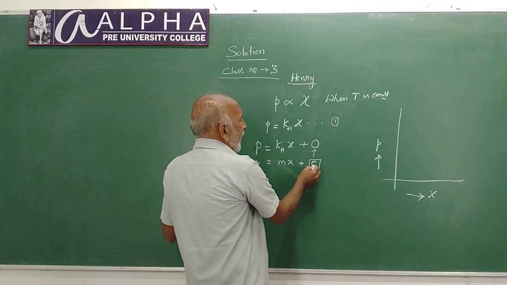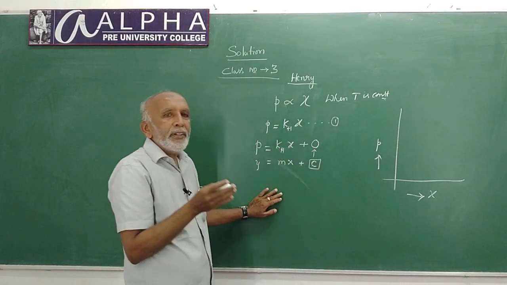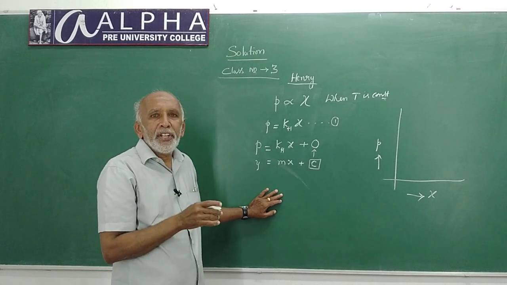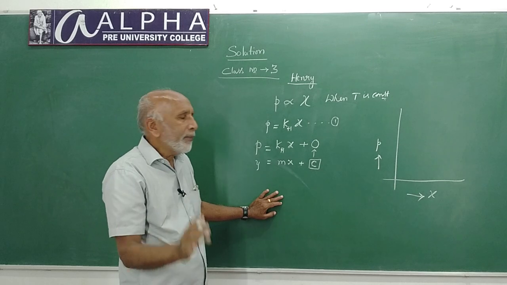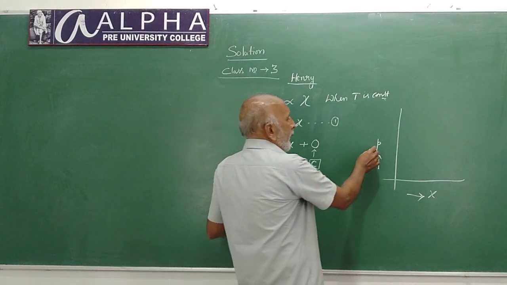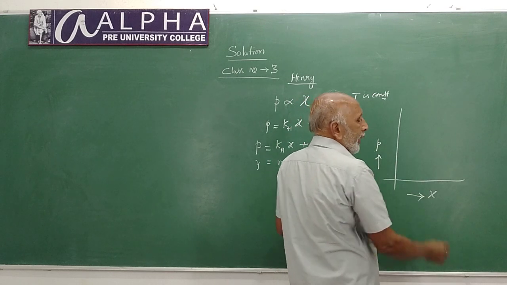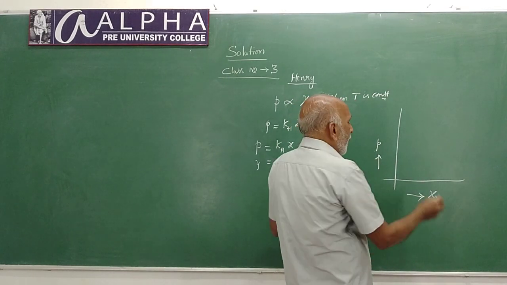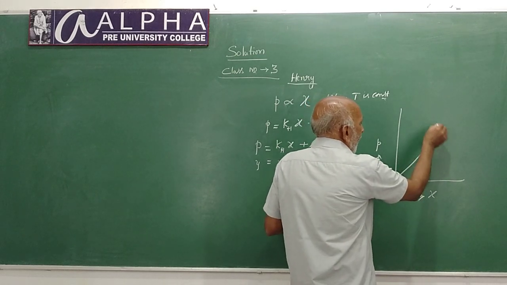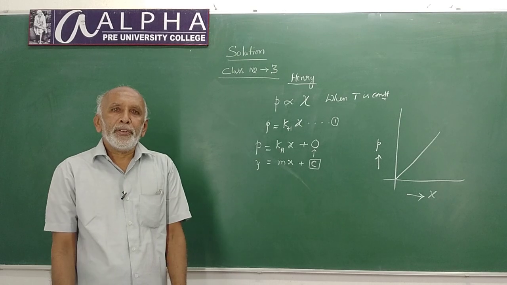Here, the value of C is found to be 0. This indicates the straight line passes through the origin. That means in the plot there is no intercept. It means the plot of P against chi, the partial pressure of dissolved gas against its mole fraction in the solution, is a straight line passing through the origin. That is the shape of the plot.